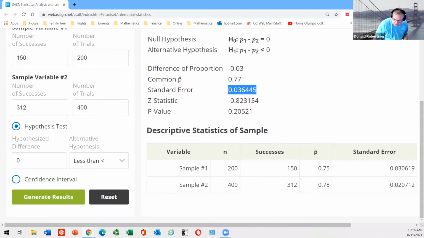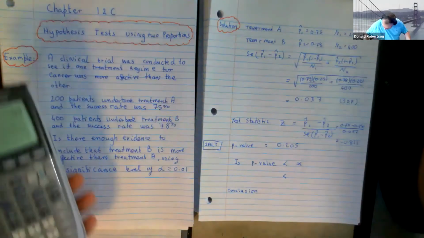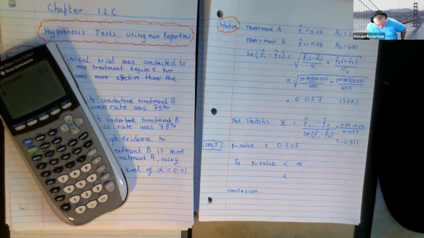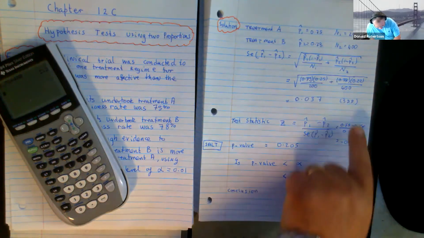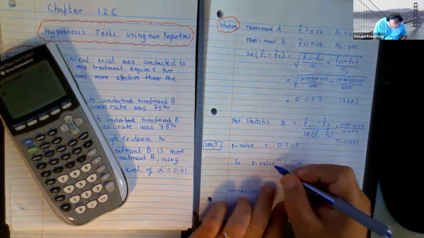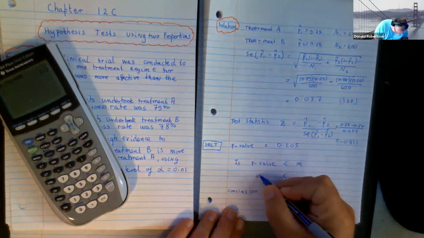So let's return now back to that question. Here is our p-value. Not particularly small, but I wasn't expecting it to be when I saw the z-score, right? So is our p-value less than this fella?